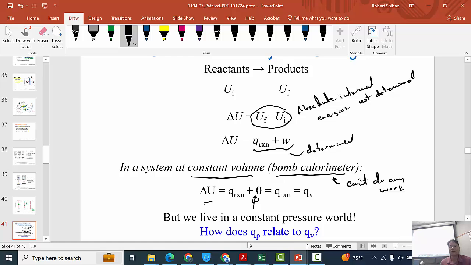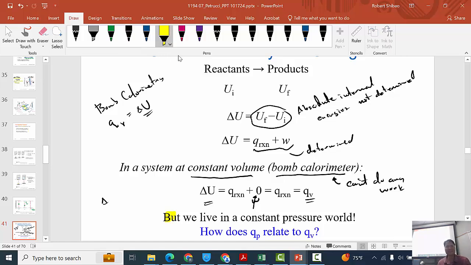And so all the internal energy is converted into heat. We call that QV. And so this is very important. Bomb calorimetry measures QV. That's what we get from it. And QV is the same as delta U.